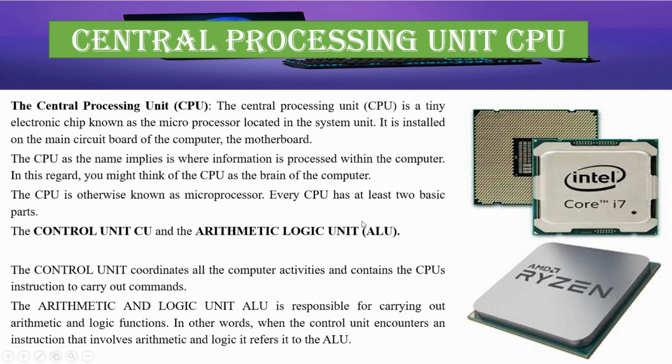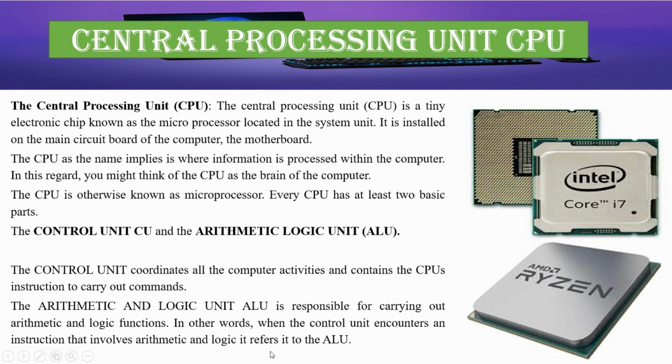Every CPU has at least two basic parts, which are the control unit, CU, and the arithmetic and logic unit, ALU. The control unit coordinates all the computer activities and contains the CPU's instructions to carry out commands, while the arithmetic and logic unit is responsible for carrying out arithmetic and logic functions.